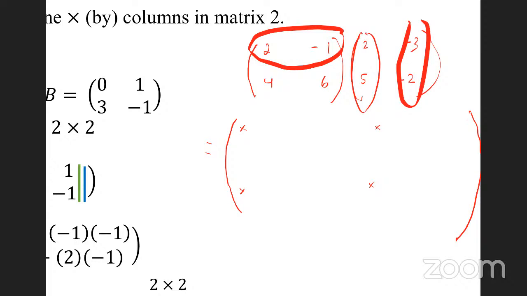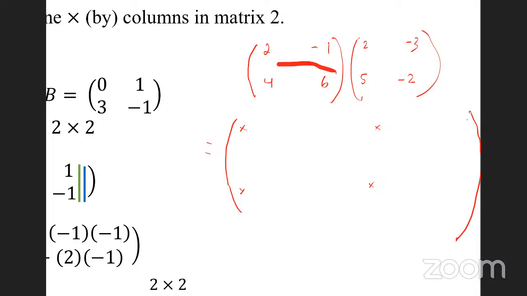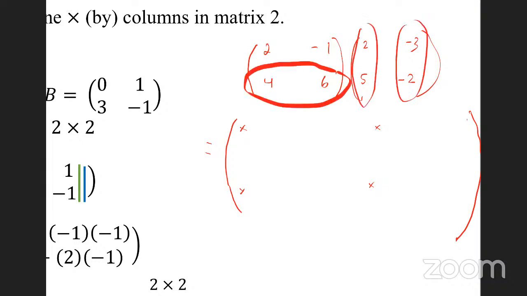And then when you finish with that row, you multiply the next row by all the columns. You will always notice when you're multiplying a row by a column, you have exactly the same number of elements in the row as the number of elements in column. If they're not equal, you're doing something wrong. All right? So let's start.